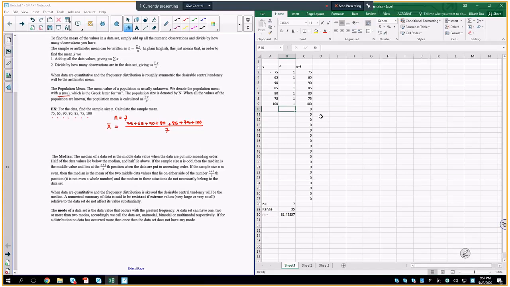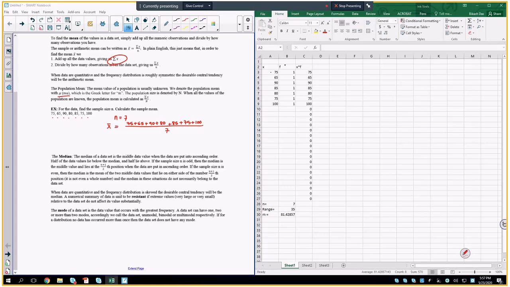So what you see is this first column, you're putting in your values. These are your X's, just like in the formula here. We're summing up the X's. So you type in each number.